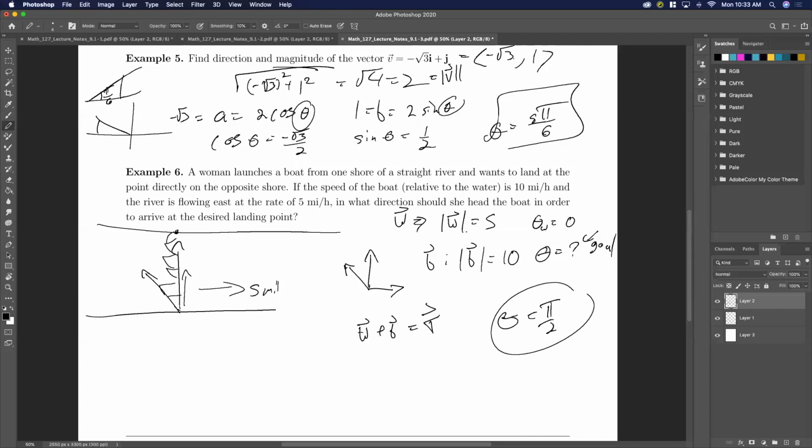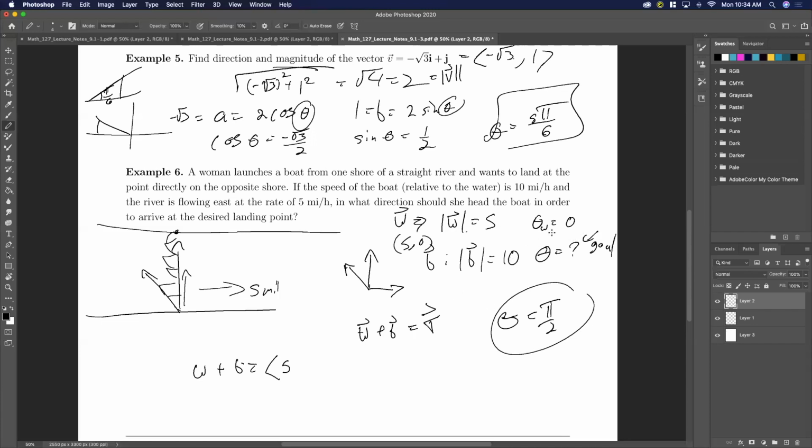All right. So let's see the best way to do this. So let's go ahead and add up these two vectors. So here, w plus b is equal to, well, w has 5, because another way of writing w would be (5, 0), because it's all in this direction, right?